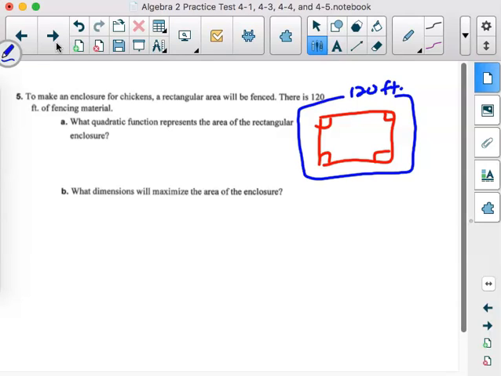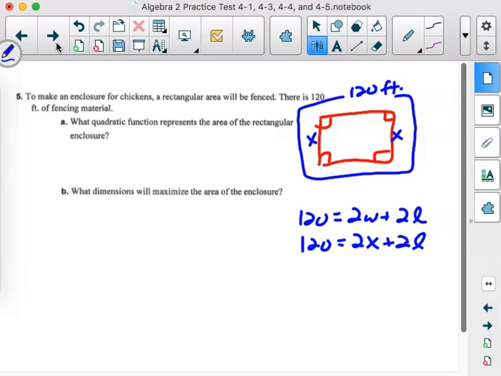Oh, so now we've got to do some thinking. Let's see, because I can't just put x's and y's on here. I'll have two variables if I do that. Well, let me start here. And I realize that that 120 is made up by 2 times the width plus 2 times the length. So I'm going to let my width be x.